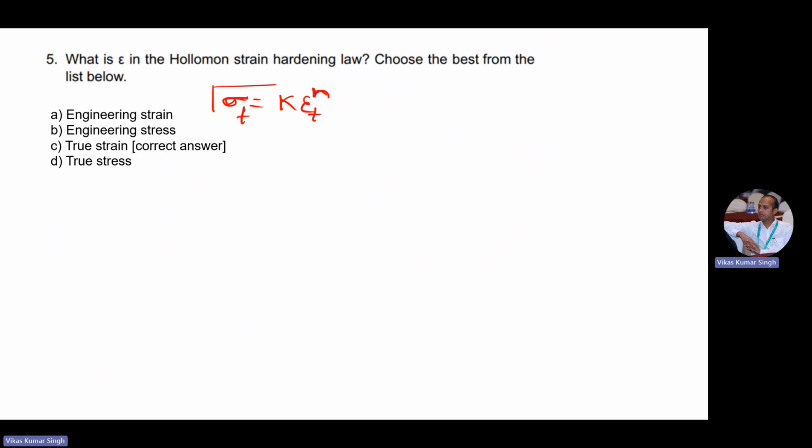This is the formula for Holloman strain hardening law, where n is the strain hardening exponent or strain hardening coefficient. So this formula is valid only for plastic deformation.